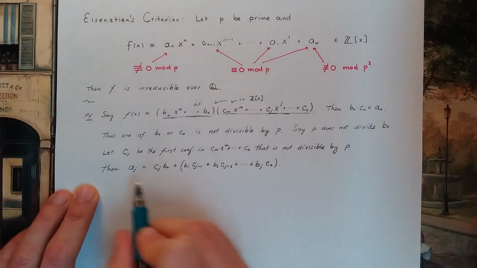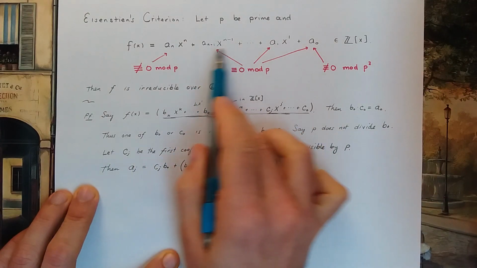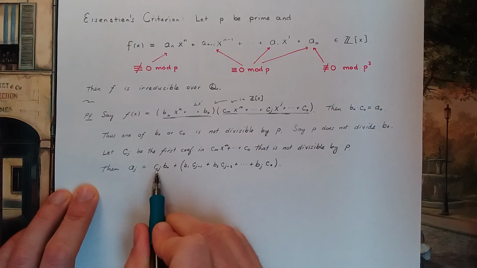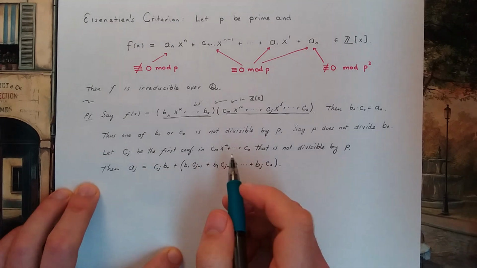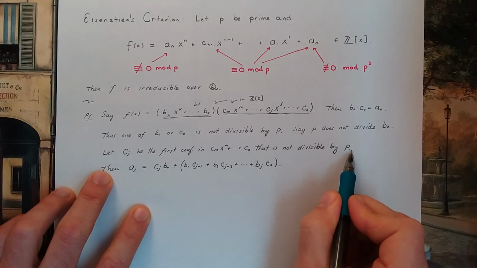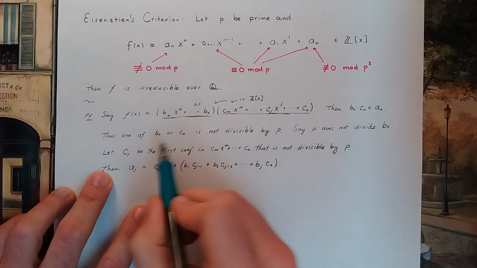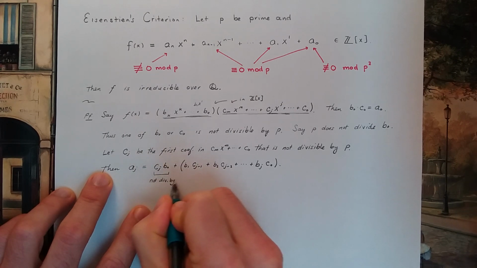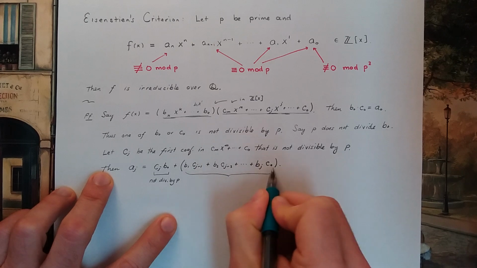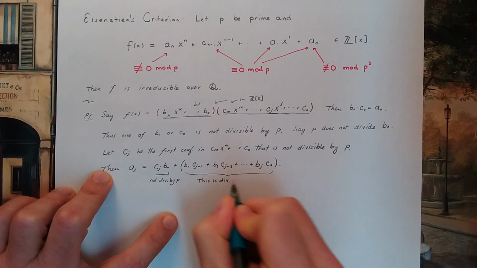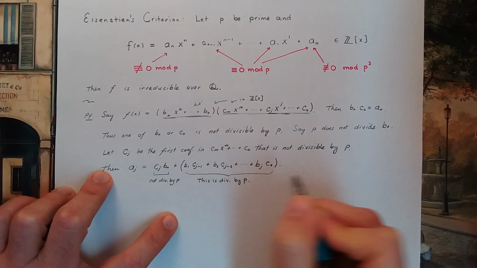Okay, so I wrote the a_j term, that coefficient in my original polynomial, as sums and products of the c's and b's. Okay, c_j is not divisible by p. b_0 is not divisible by p. So this is not divisible by p. However, every other term here is divisible by p.